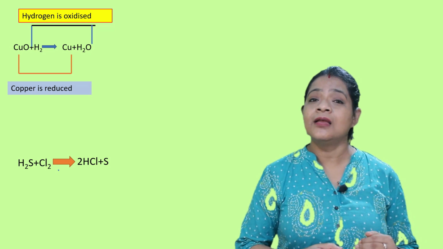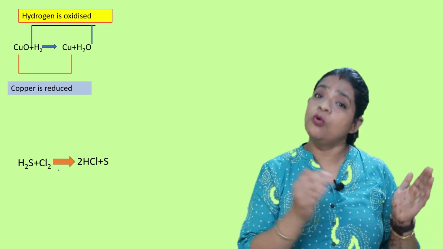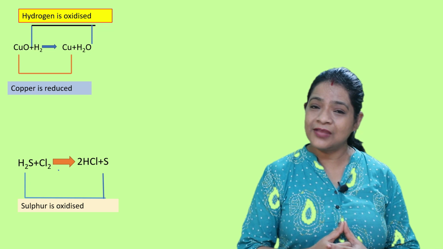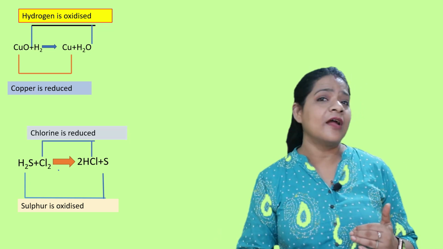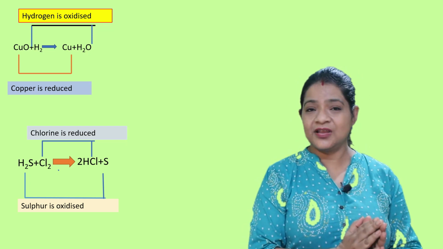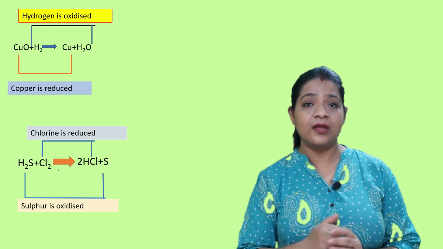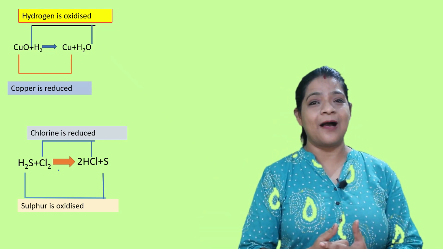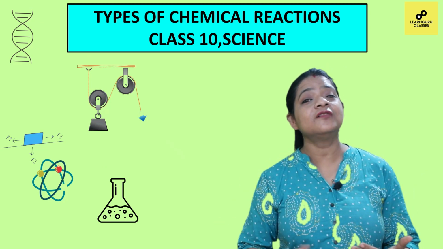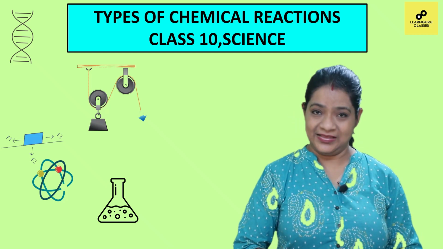Over here, sulfur becomes free of hydrogen, means removal of hydrogen occurs, so it is an example of oxidation reaction. And in chlorine, hydrogen is being added, means it is an example of reduction reaction. So see here, in these reactions both oxidation as well as reduction take place.